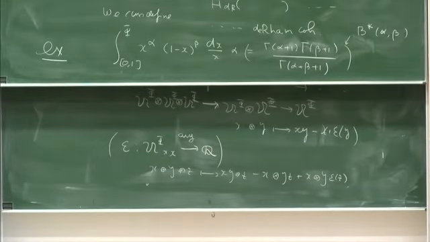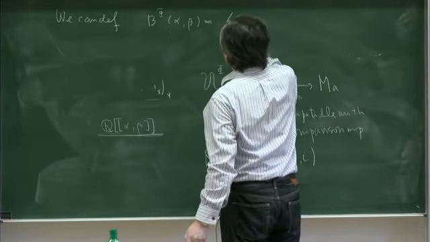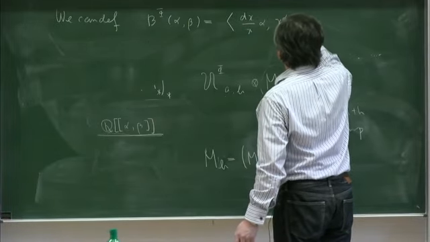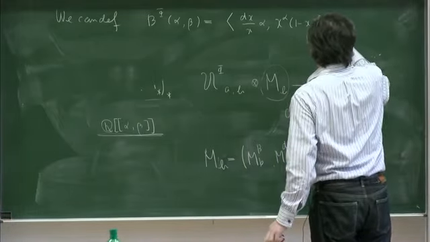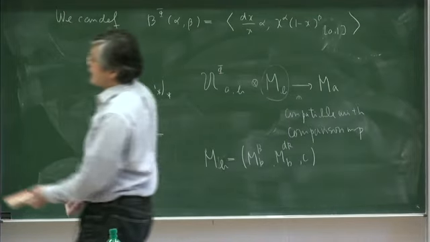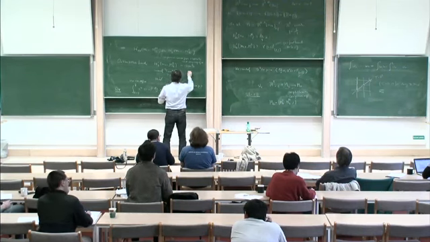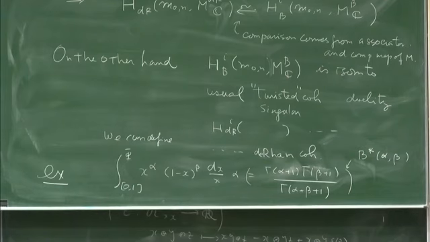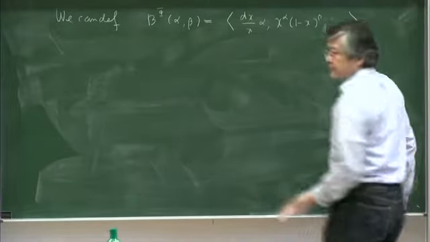So we can define the phi version of beta alpha beta using the pairing of x to the alpha dx and x to the 1 minus x to the beta on 0, 1. The pairing is defined by duality, and the pairing depends on this phi. This isomorphism depends on phi. So we can define such things.